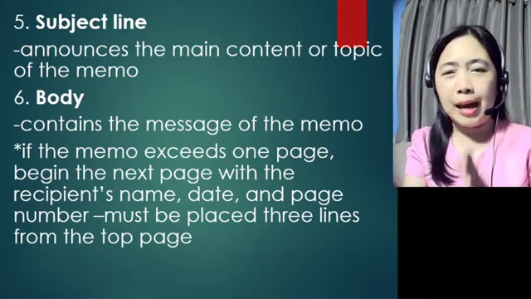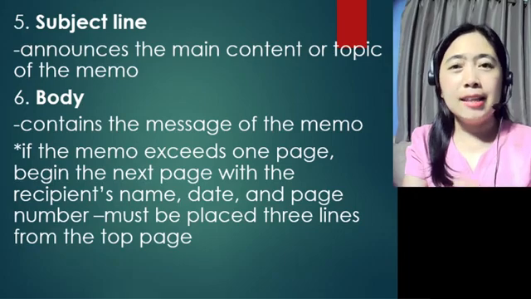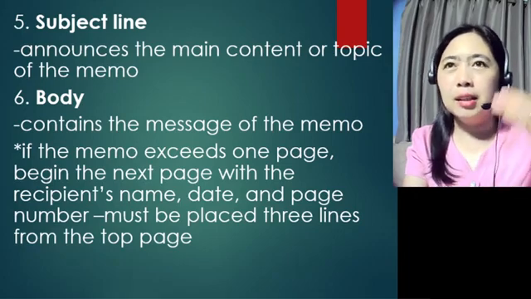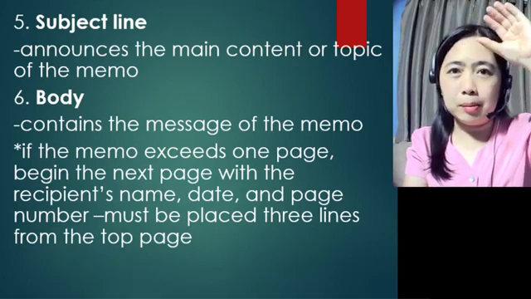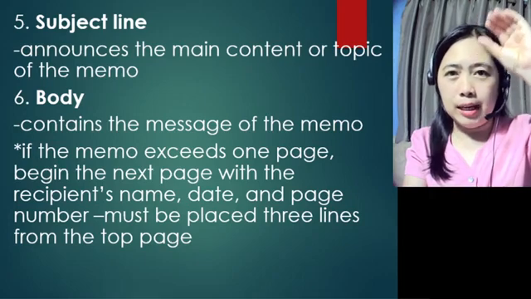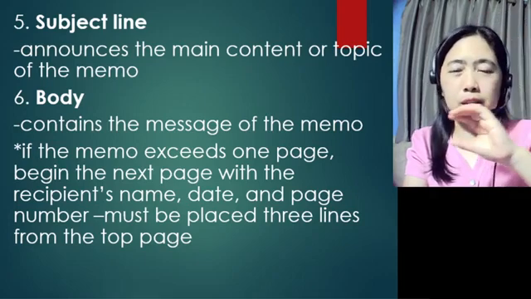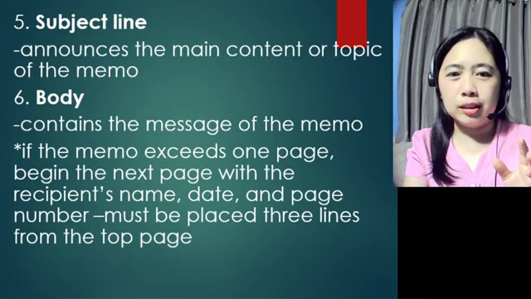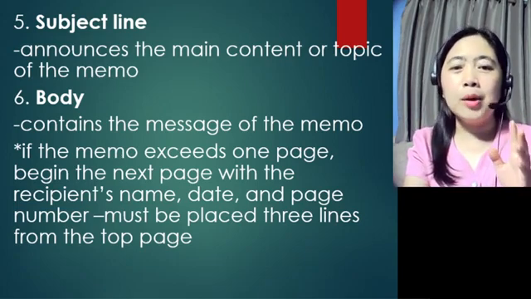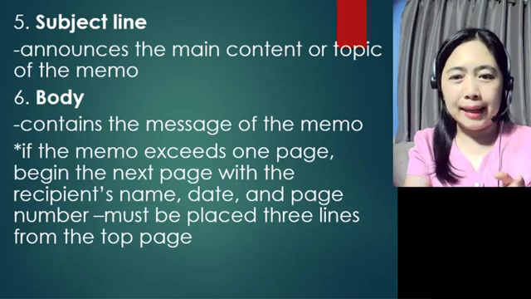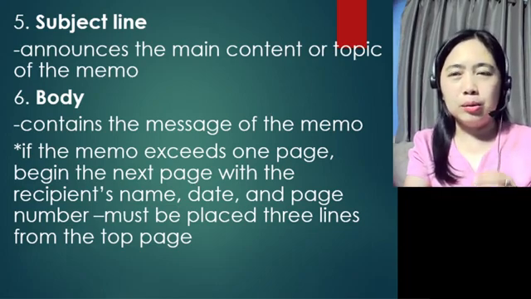If you have to write the second page, then count three lines from the memo head: one, two, three, and then start the continuation with the recipient's name, date, and page number, like 2 of 2.